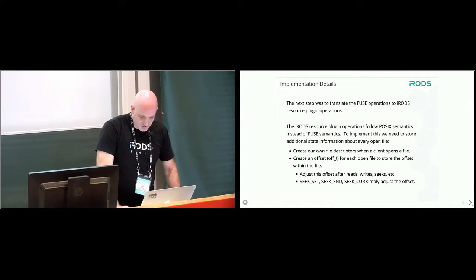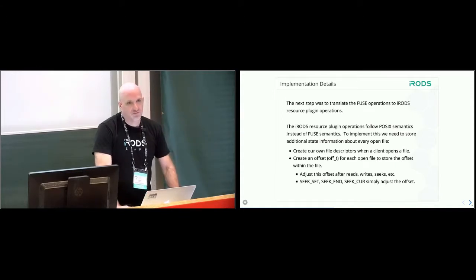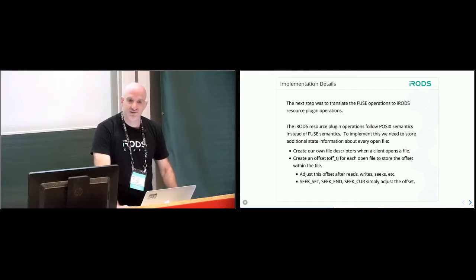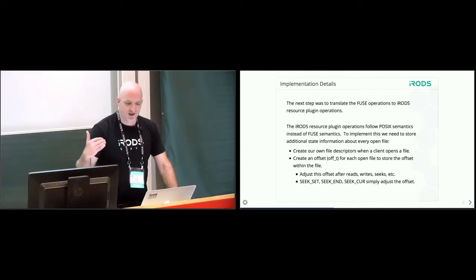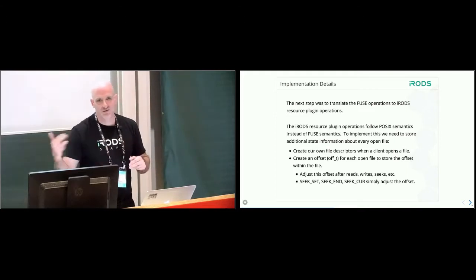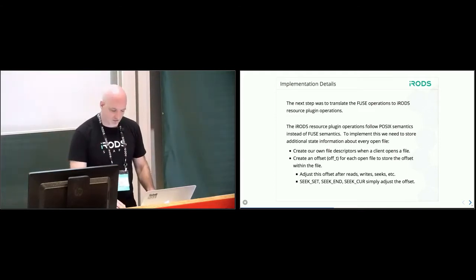We also had to store our own offset for each file descriptor, so that anything like seeks, writes, reads can work. Read wouldn't adjust the offset, but write would adjust the offset. And so we had to adjust the offset as we did our POSIX-like operations.